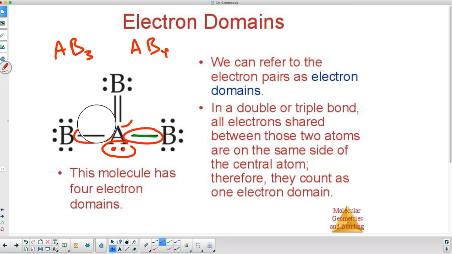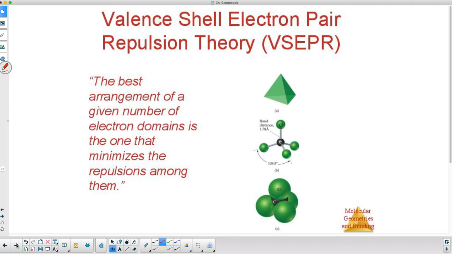Electron domain is a fancy way to say any place where there are electrons attached to the central atom. That's what matters. So there's something called the valence shell electron pair repulsion theory, also known as VSEPR. VSEPR is the way that we describe how a molecule gets its shape from the bonding or non-bonding electrons on the central atom.